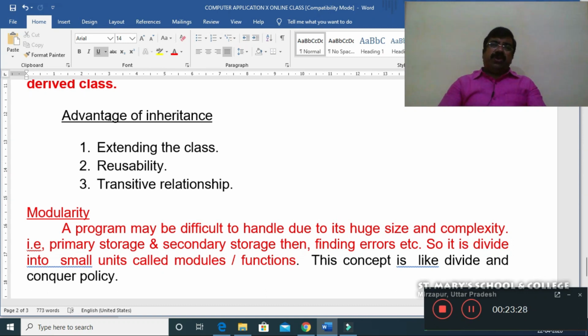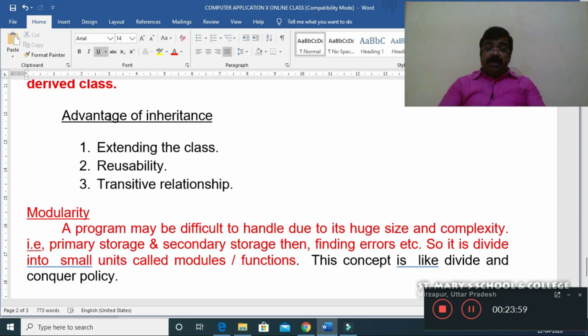Take another example. We have one building which was built by our grandfather. At that time, that building had only one floor, the ground floor, with 2 rooms. Now your father made it 5 rooms on the ground floor and made a first floor also.